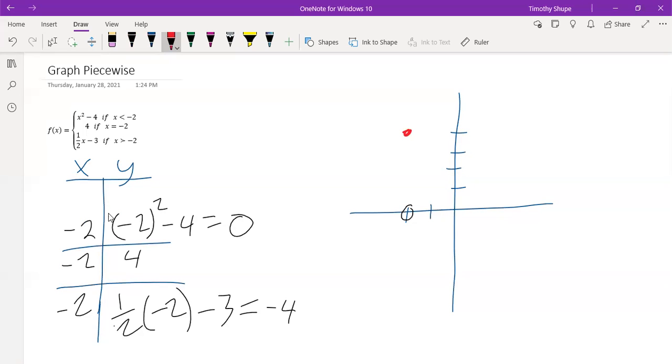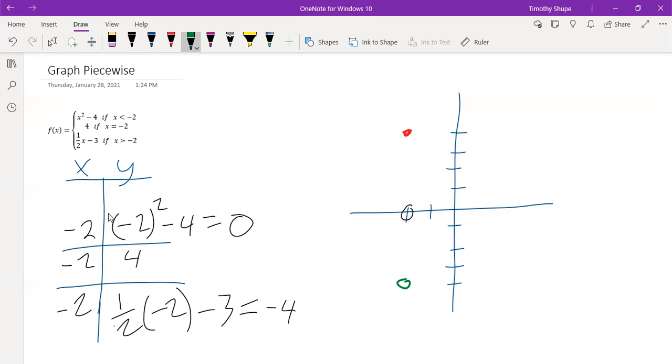And then my third piece was at -2, -4, so I'm going to go down 4 and left 2 and put another open circle. The black open circle is where our first piece of the graph ends. The red point is our second piece, where y is equal to 4. And the green open circle is the starting point of our third piece.